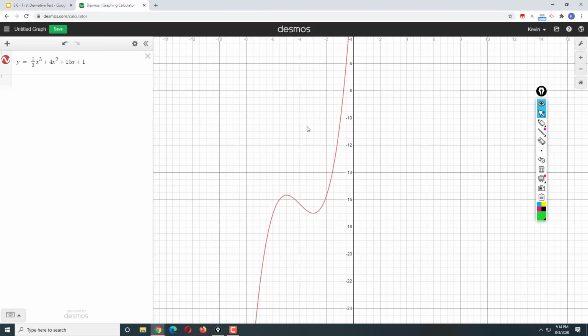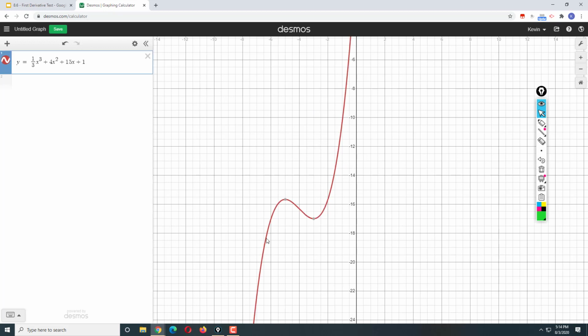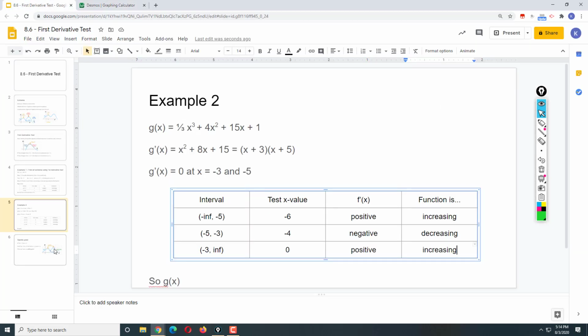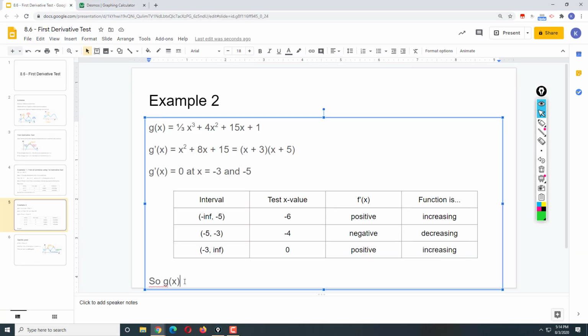And sure enough, we see that our graph is increasing until it gets to -5, decreasing between -5 and -3, and increasing again after it passes x equals -3. Okay. So therefore, g of x has a maximum at x equals -5 and a minimum at x equals -3.